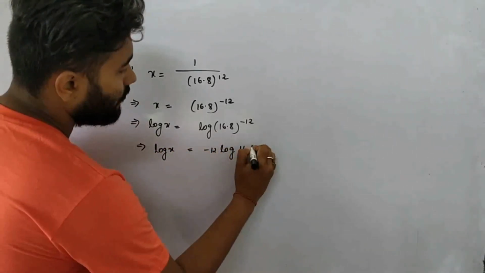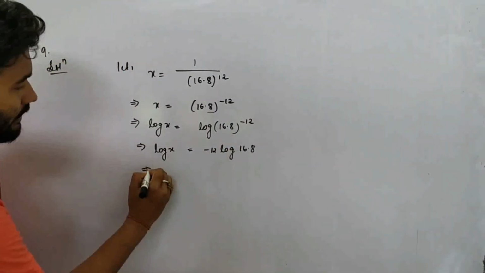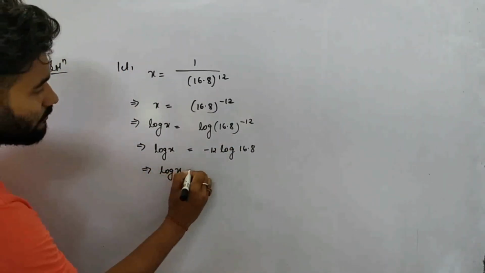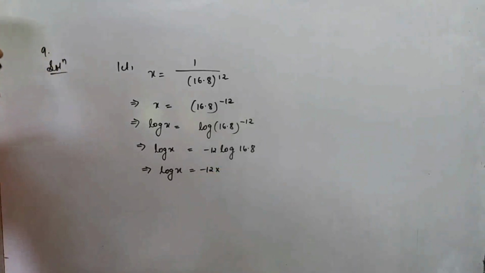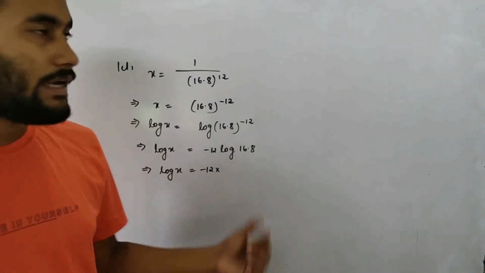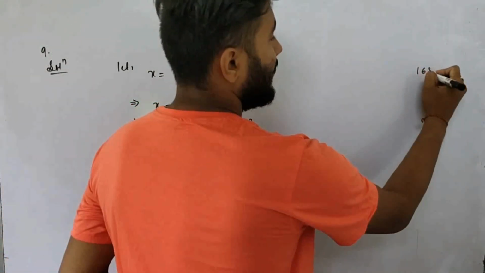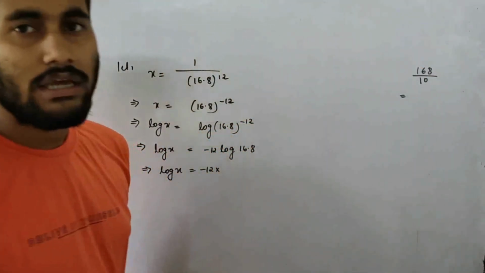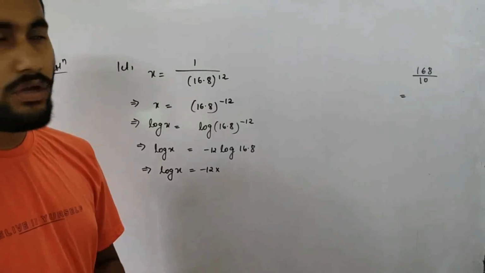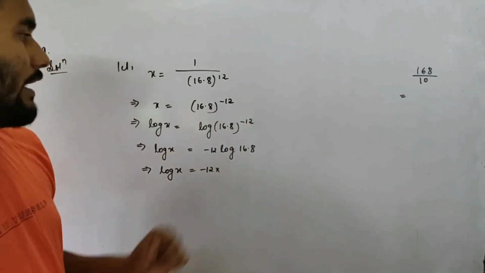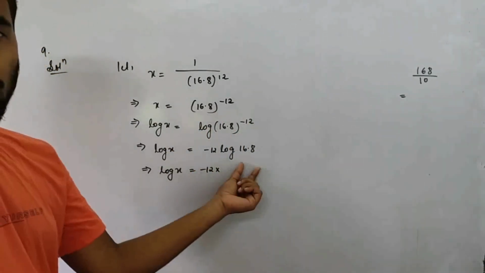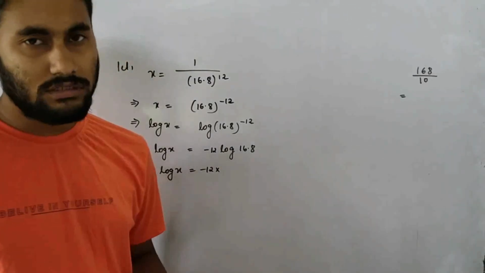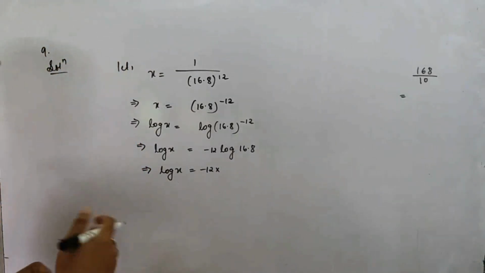log of 16.8. Now in your exam you have to break 16.8 as 168 by 10. Then again 168 you have to bring down to its prime factors. But right now I will directly use the log table and directly write the value of log of 16.8, otherwise time will be wasted.